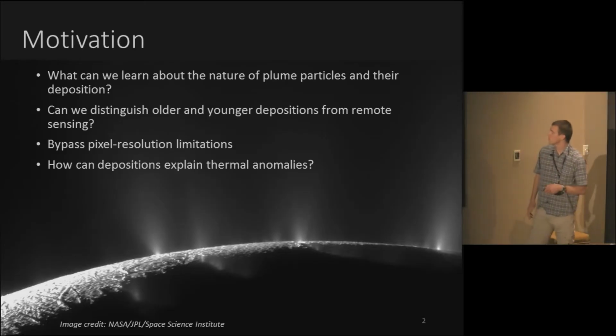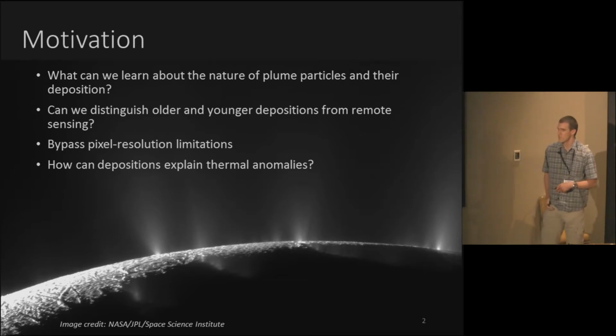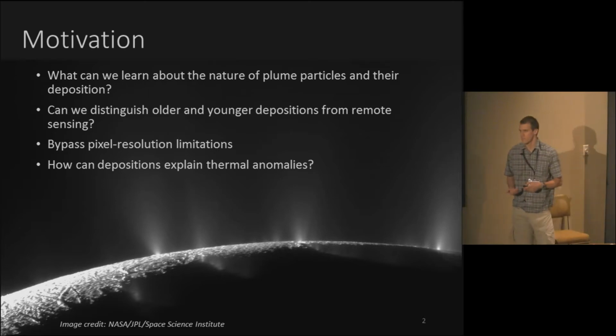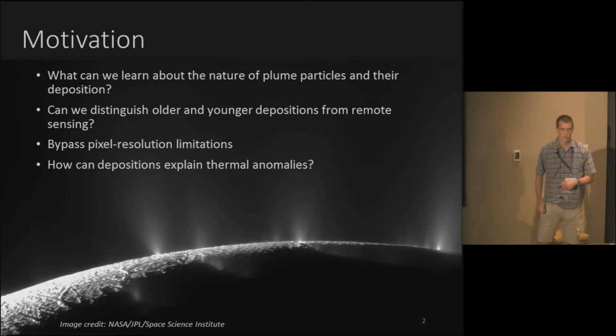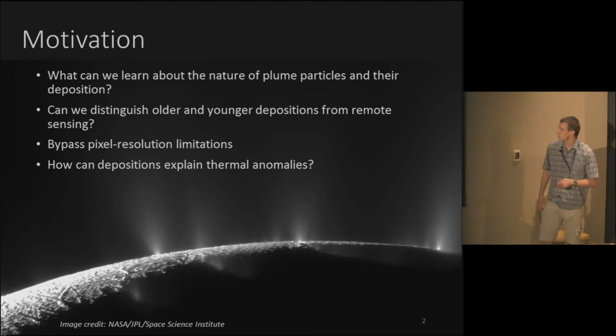So the motivation for this is: what can we learn about the nature of plume particles and their deposition by analyzing photometry phase curves or polarimetric data? And can we distinguish older and younger depositions from plume particles?